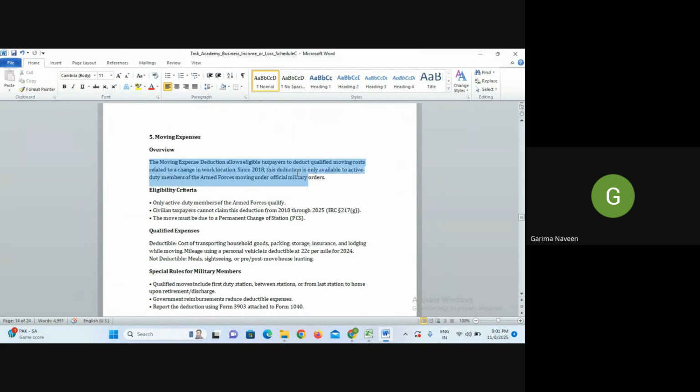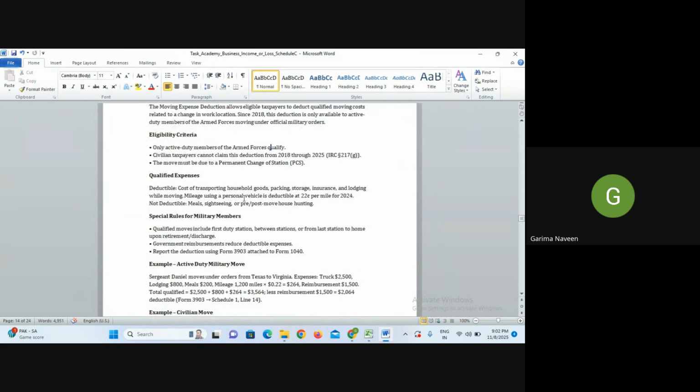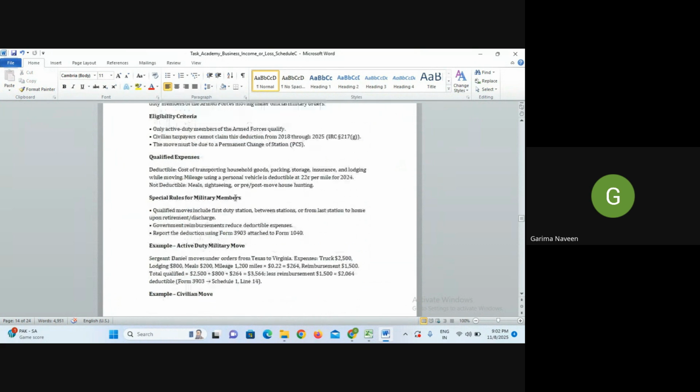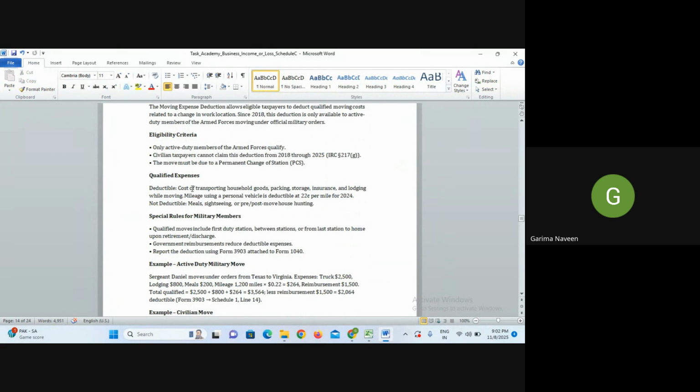Since 2018, this deduction is only available to armed forces, but earlier everyone could get the deduction for qualified moving expenses. Now this deduction is eligible for armed forces workers.